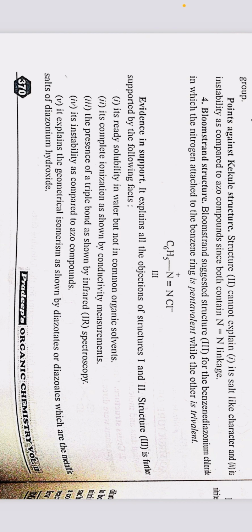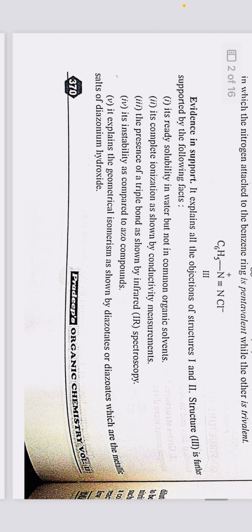It is readily soluble in water but not in the common organic solvents. Its complete ionization as shown by conductometric measurements. The presence of a triple bond as shown by IR spectroscopy. Its instability as compared to azo compounds, and it also explains the geometrical isomerism shown by the diazotates, which are metallic salts of diazonium hydroxide.